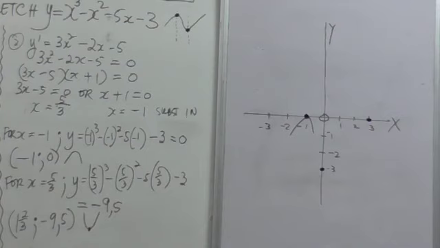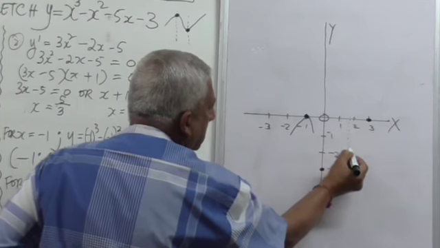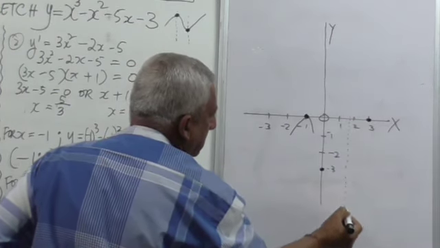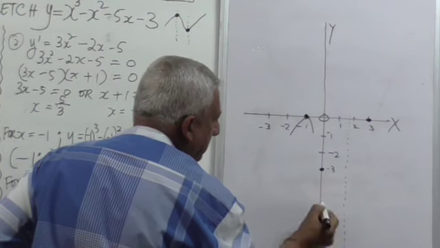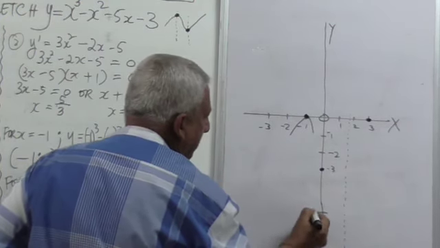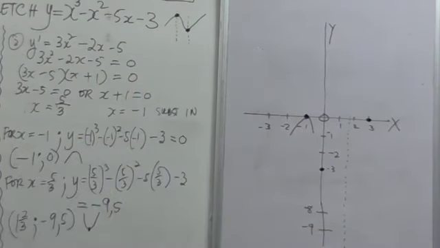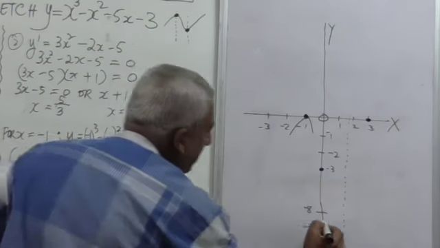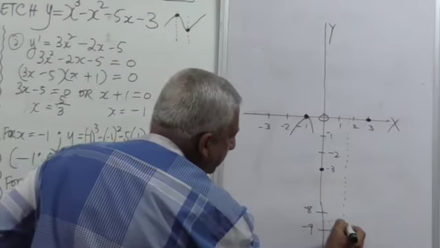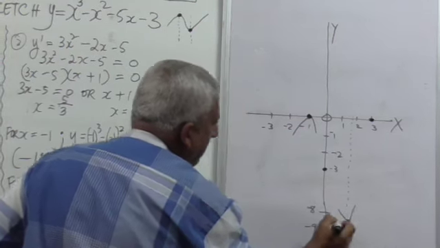We're going to plot this now. 1 and 2/3 is somewhere here. And let's say that's negative 8. And let's say that's negative 9. Now you want negative 9.5. So negative 9.5 will be in the middle here. And here the graph goes this way.